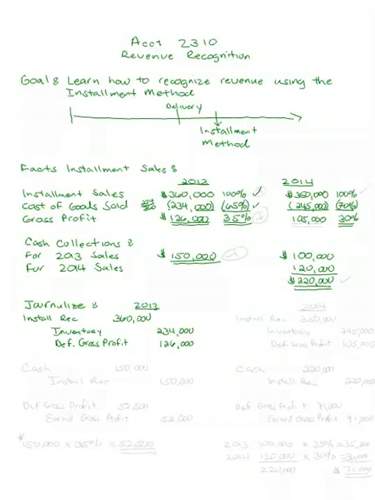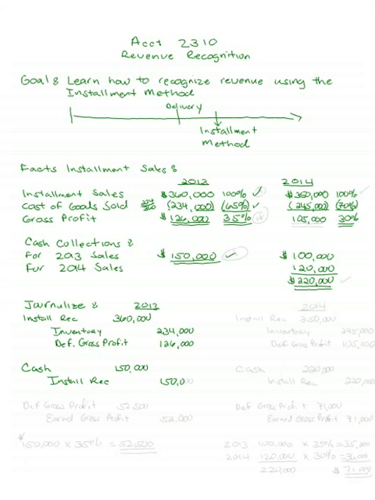Now let's record the cash we received. We received $150,000, as you can see. So I will debit cash for $150,000. And I will credit installment receivables because I was able to collect $150,000.